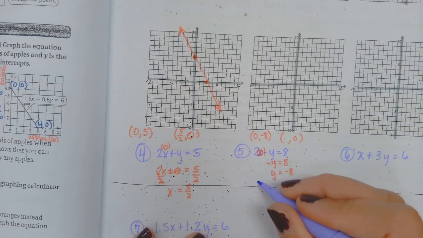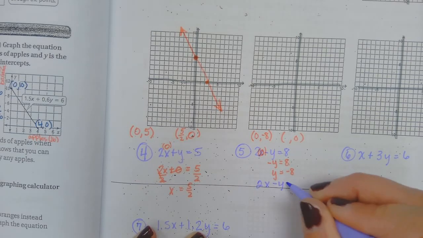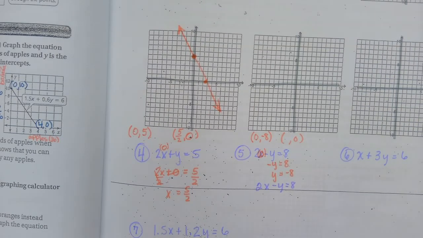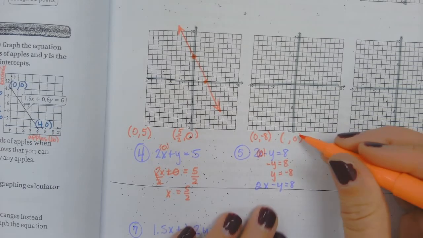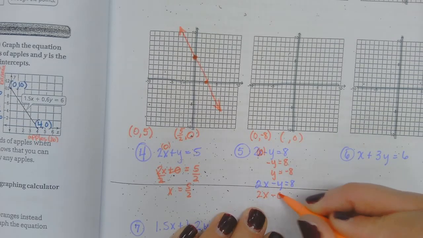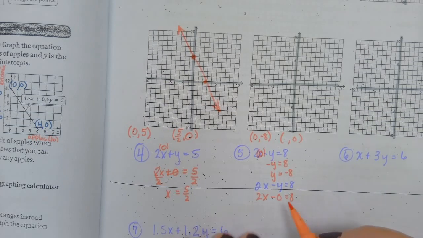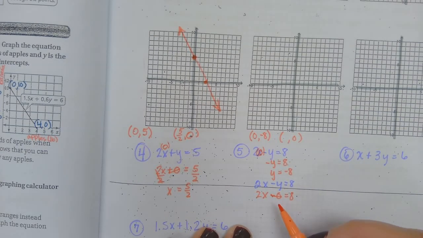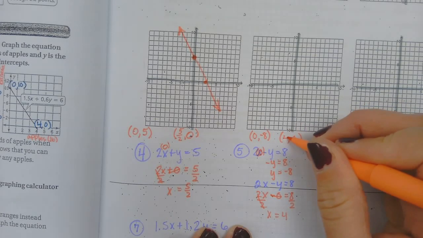And then I'm going to redo that one. So it was 2x minus y equals 8. So now I'm going to set the y as 0, so 2x minus 0 equals 8. So those are just gone. So divide by 2, and x equals 4.